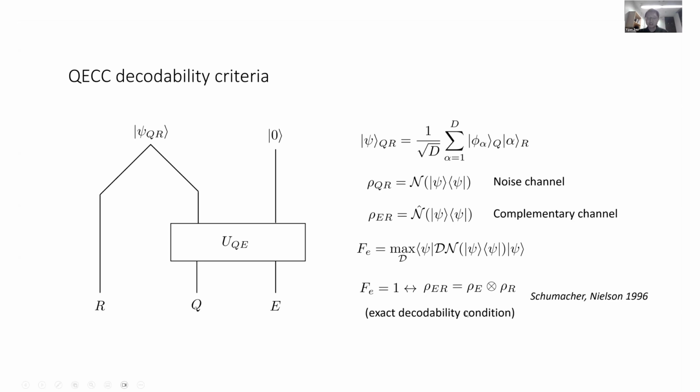If the decoupling condition is satisfied, then there must exist some decoder which achieves entanglement fidelity F_e equal to 1. Also, to answer one earlier question, what's the way to characterize approximate error correction? This entanglement fidelity is one way to characterize how good approximate quantum error correction is. So exact error correction means F_e equal to 1, and that is equivalent to the decoupling condition.